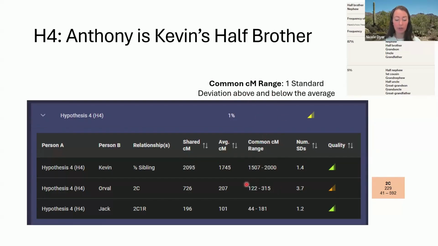So this isn't the full range, but the 1 standard deviation range. So I decided this one could be eliminated because if Orville and Anthony were second cousins, they wouldn't share this much. So it must be a different relationship between Orville and Anthony. So this one is not really likely.